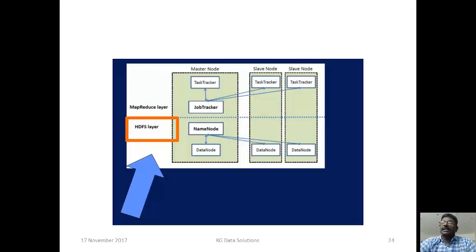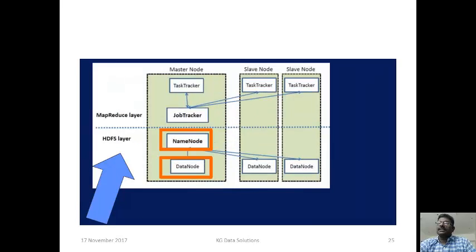The name node is like metadata, where you store all the details of which files have been stored in different hard disks, in different commodity machines. It is like an address book or a directory, where you have not the data but the pointer to the data. And we have the name node and data node.